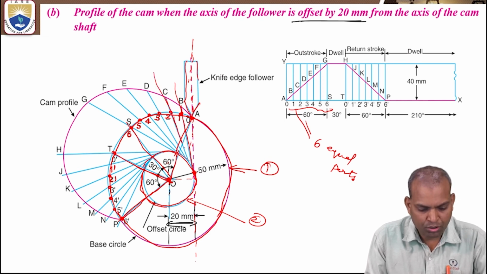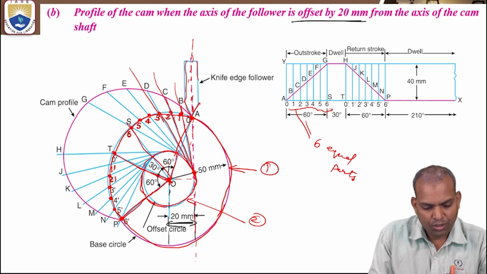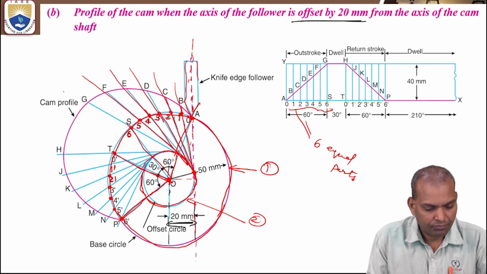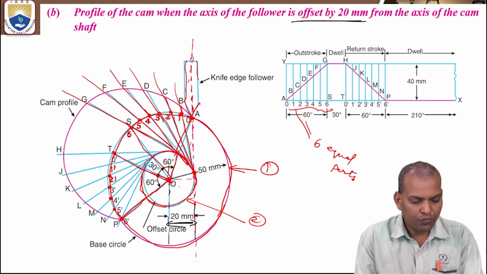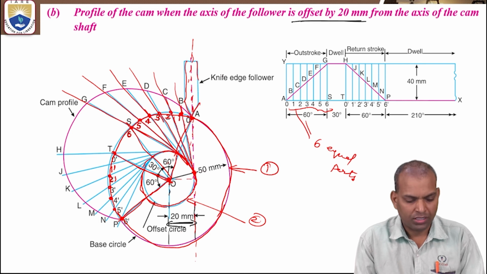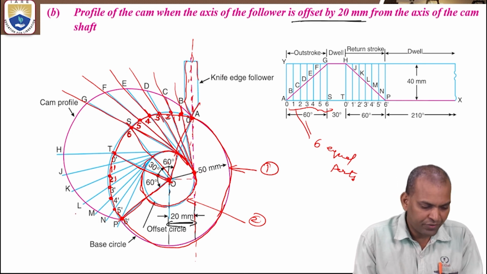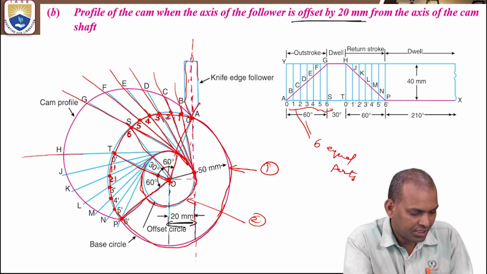Similarly, pass through 2, 3. You keep the scale in such a way that it passes through the point and at the same time touches the circumference of the offset circle. Similarly, we have to follow one direction, clockwise motion. You have to follow only one direction.